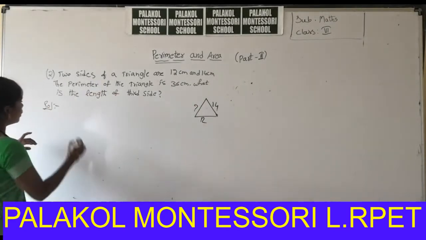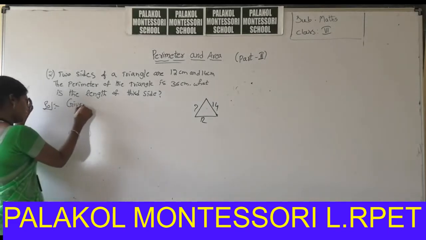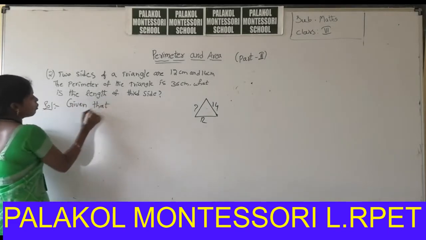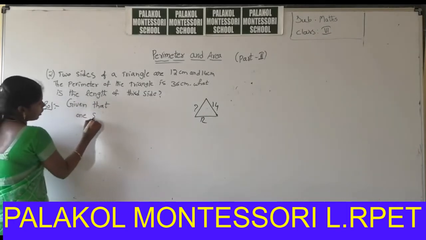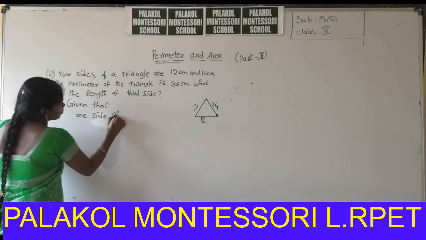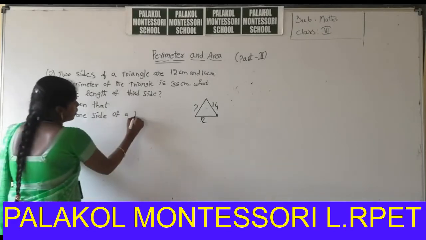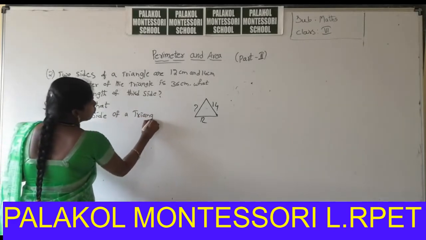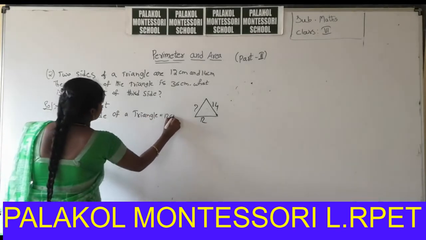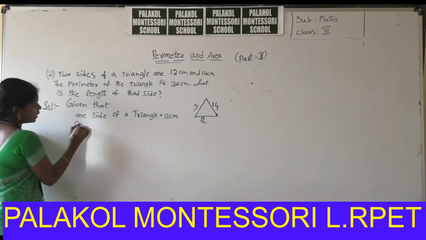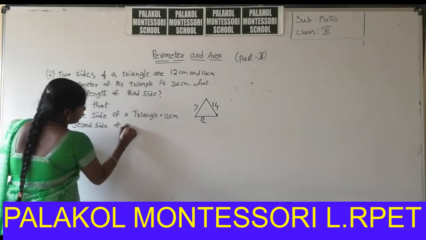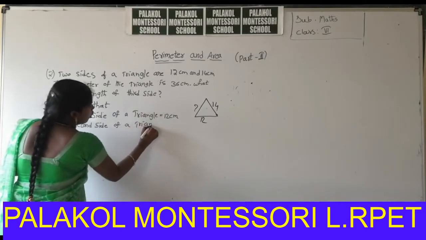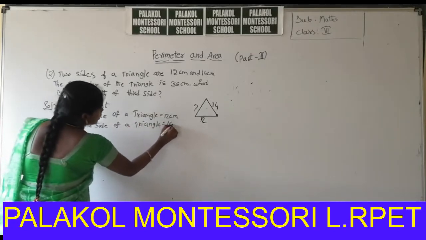So given that one side of a triangle is equal to 12 centimeters and the second side of a triangle is equal to 14 centimeters.